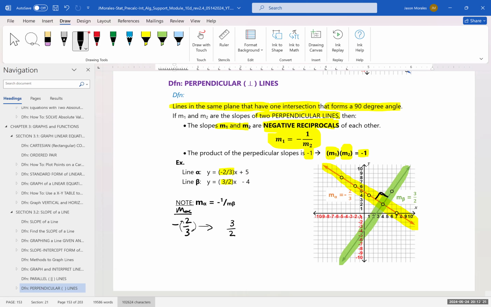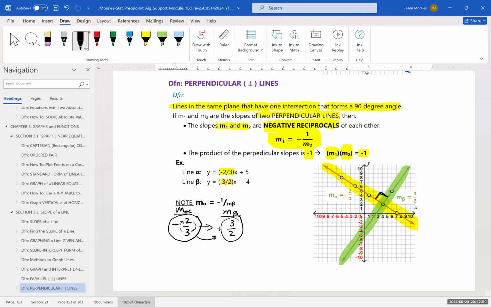So the negative of a negative would be a positive. So this is the slope of beta. Okay, so that's how you create a perpendicular line: you take the slope of one line, and then you just do the negative reciprocal of it to get the slope of a perpendicular line.